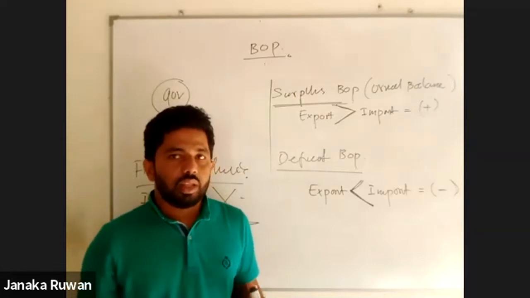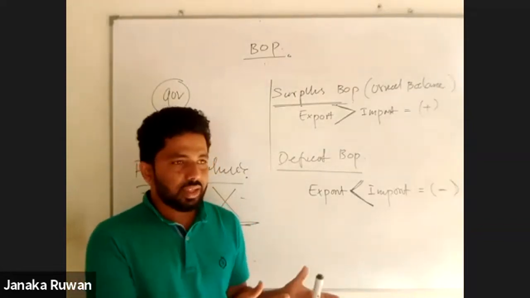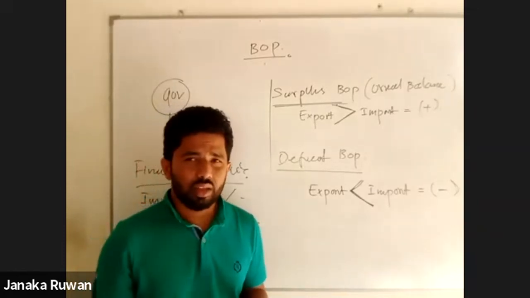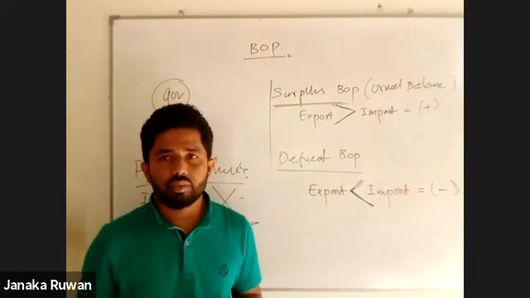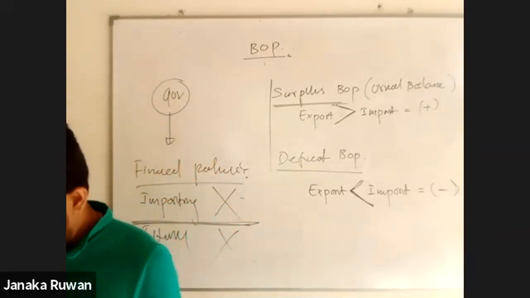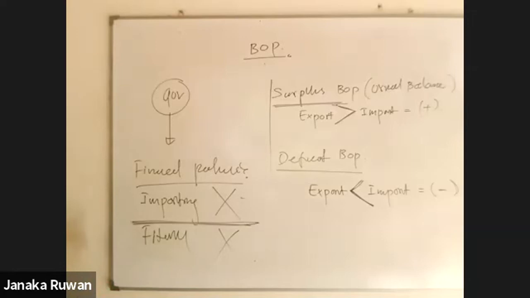That means if there is a surplus or deficit, it will help to bring about changes in the financial policies of the country. Then let's move to the balance of payment elements.